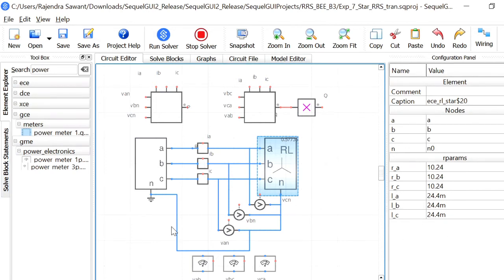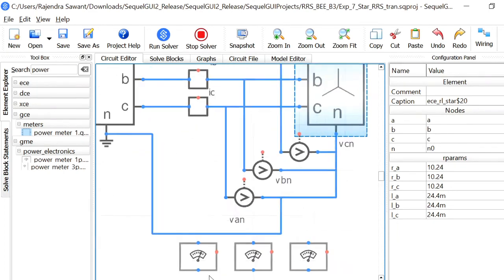Apart from that, let us look at the instrumentation here. We are measuring three phase voltages from these three voltmeters, and three line voltages from these three voltmeters.